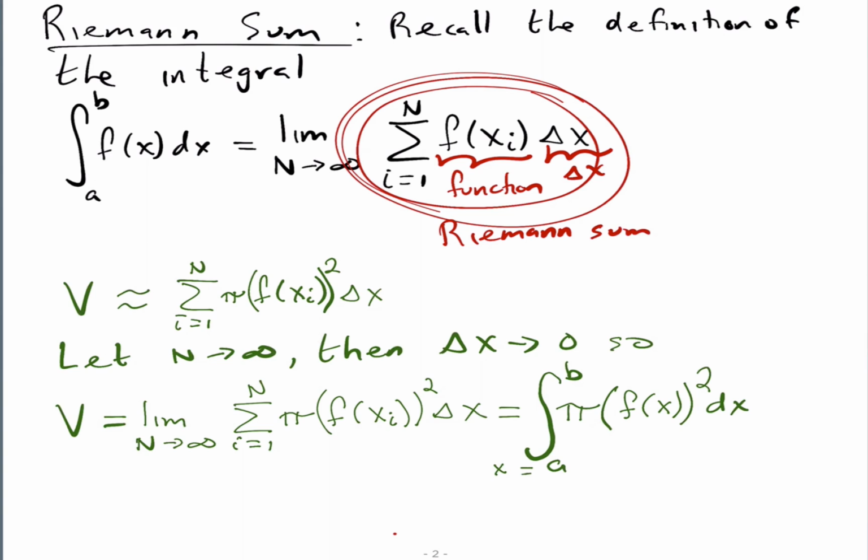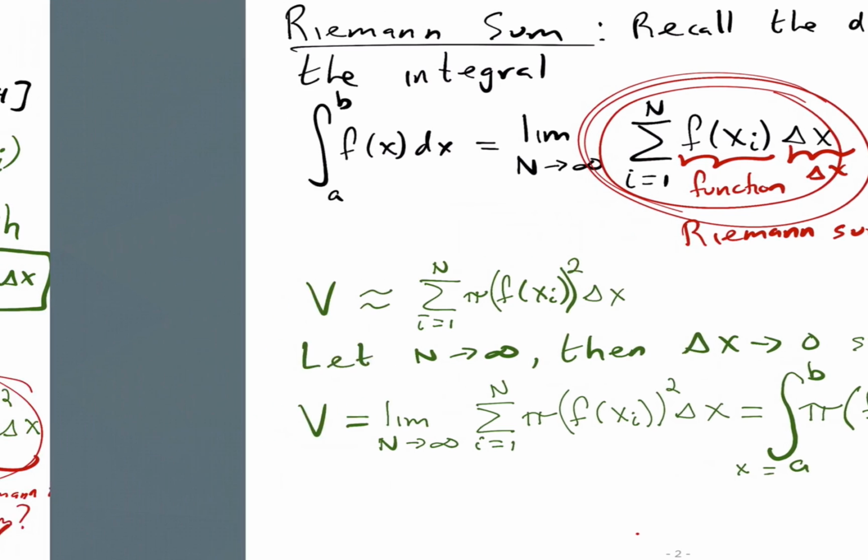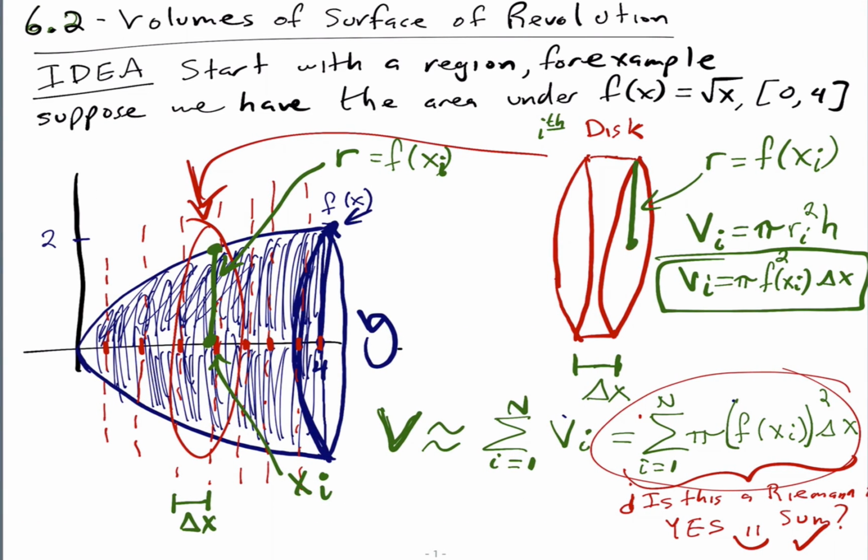Okay, so does that make sense? Yes? All right, any questions about that? Because I want to go back to the picture real quick. So the strategy here is a simple example, but later we're also going to do examples where the area is between two functions and whatnot.